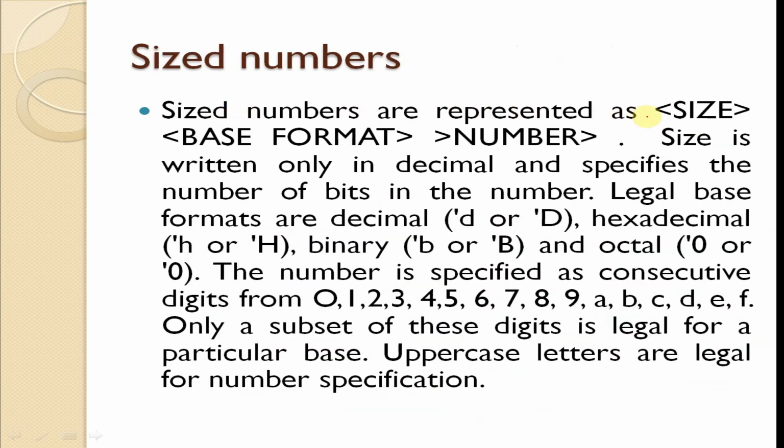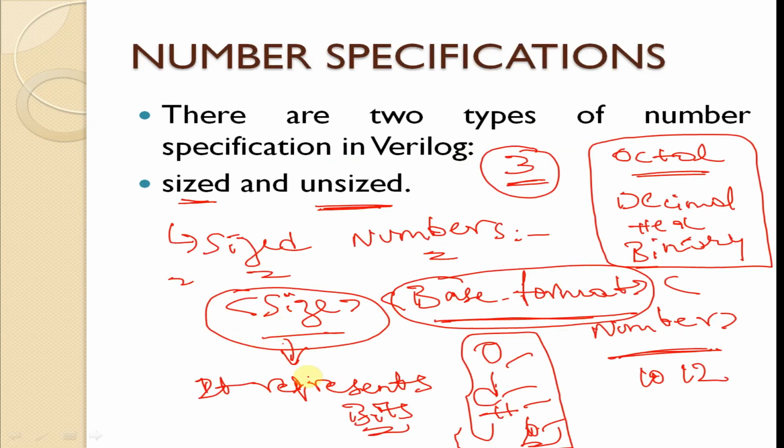So sized numbers are represented as size followed by base format followed by number. The size is written only in decimal. For example, if we want the size of the number to be 4, then we should represent it only in decimal format.